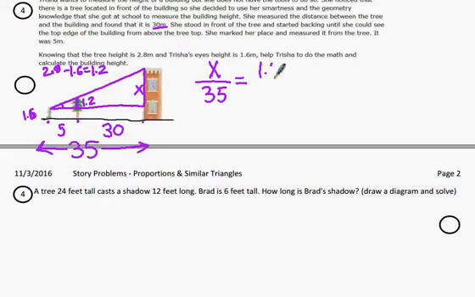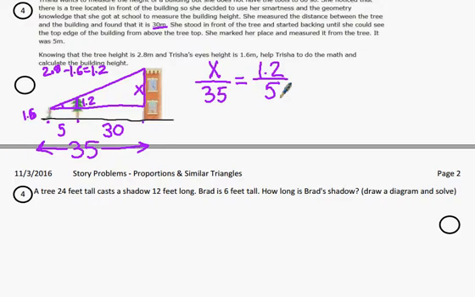I'll have 1.2 over, in small triangle, the side that corresponds to my 35 is the 5. 35 is not the longest side, and it's not the shortest side. 5 is not the longest side, it's not the shortest side. So 5 corresponds to 35.